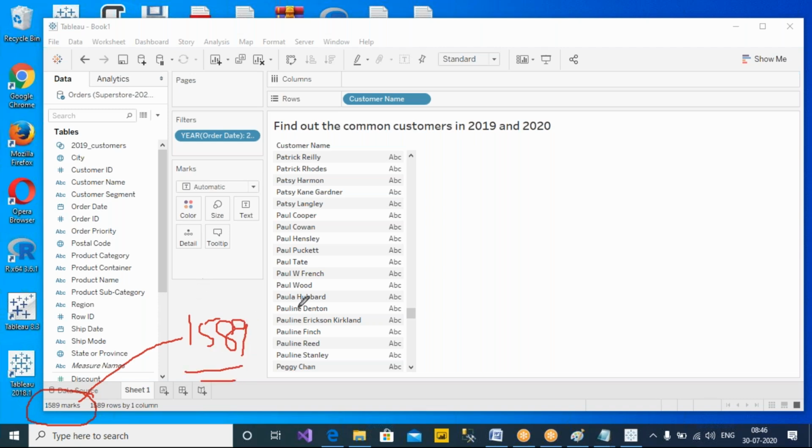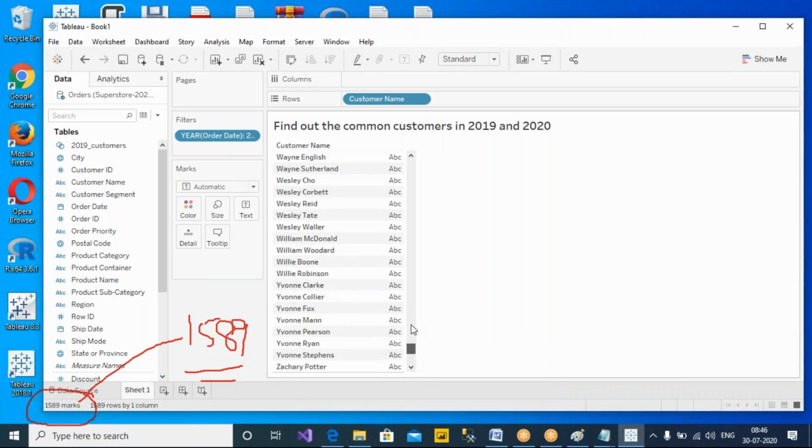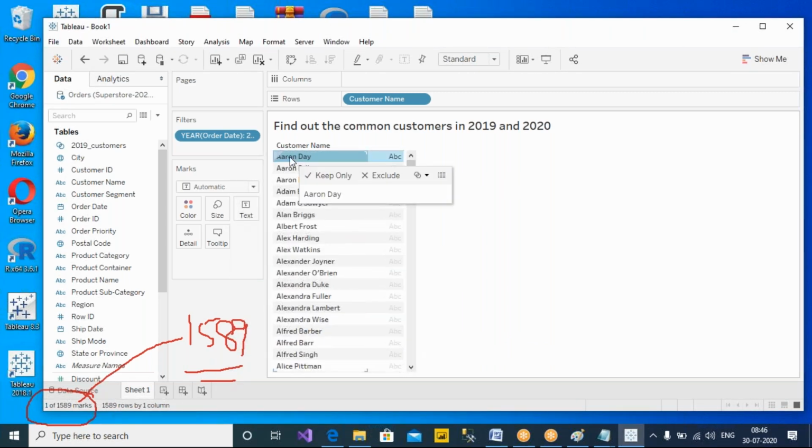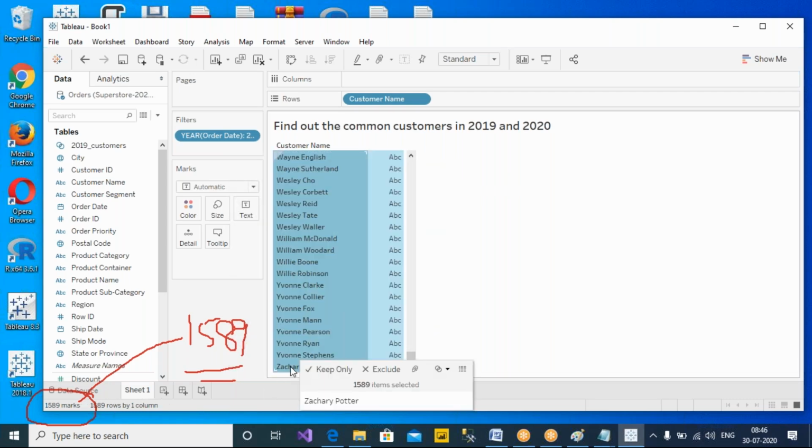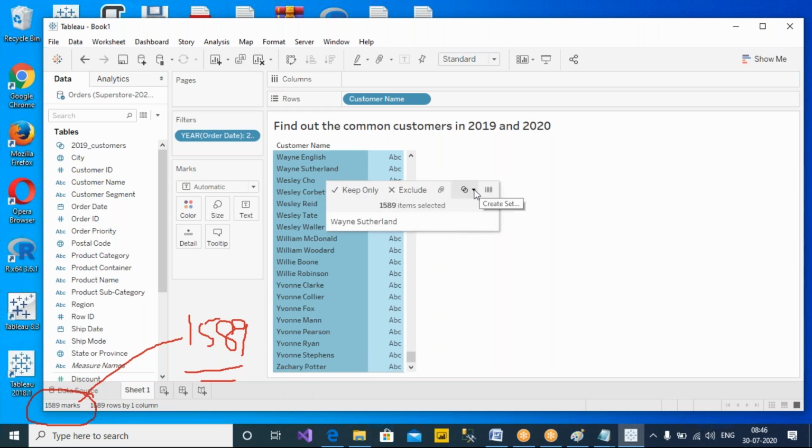Okay, now let's take all these customers again into another set. Click on the first one and then scroll to the list, hold the Shift button, select all values, and come to this section, create a set.